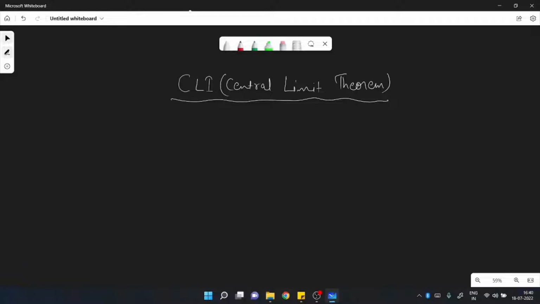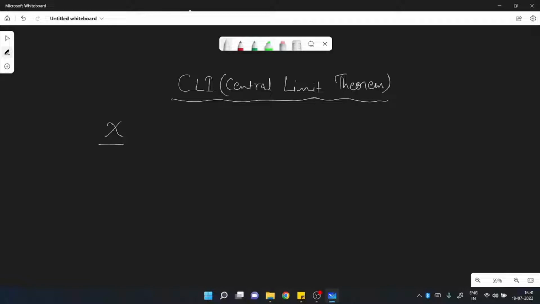Let us understand the central limit theorem. This theorem is about when we have a random variable. I already created a video on random variable; if you haven't seen it, you can go and check that out. Suppose I have a random variable which may or may not belong to a Gaussian or normal distribution.